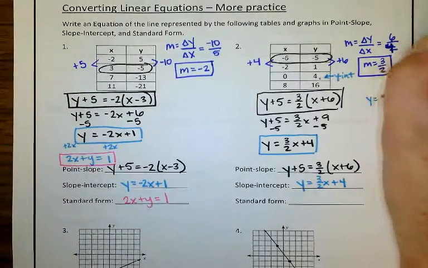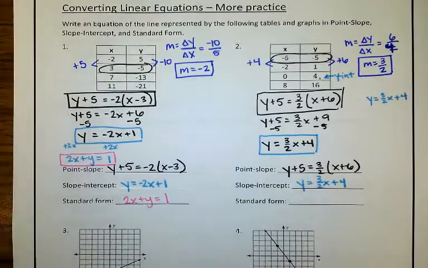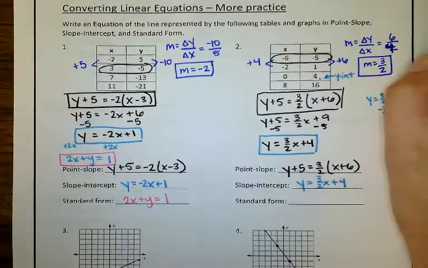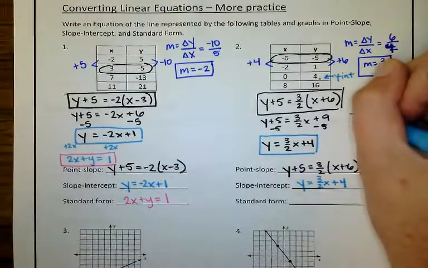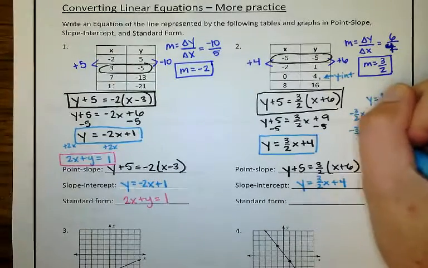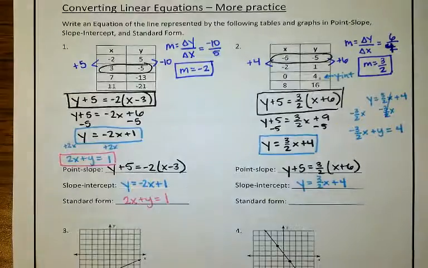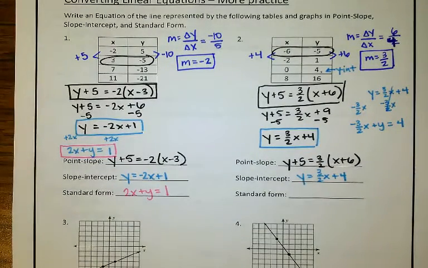Okay? Now, we're going to take our y equals 3/2 x plus 4, and we are going to convert this into standard form. It's in slope-intercept. So we are going to subtract our 3/2 x, cancel those guys out, and we get negative 3/2 x plus y equals 4. Yikes, this is not good, right? Our leading coefficient is negative, and it's a fraction. So in order to get rid of this, we need to multiply it by -2.